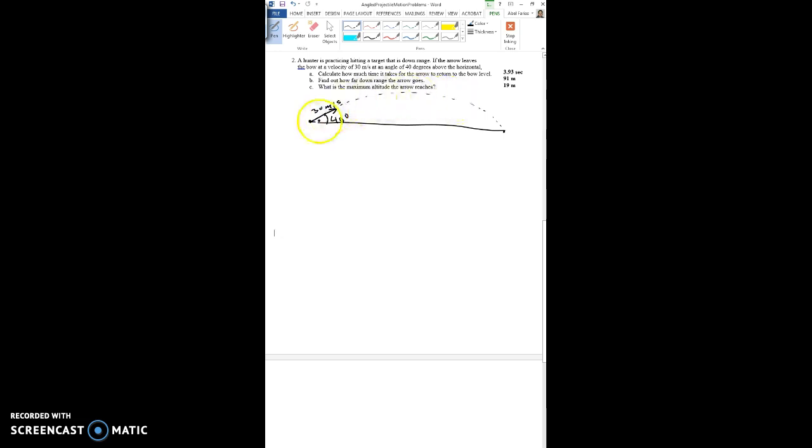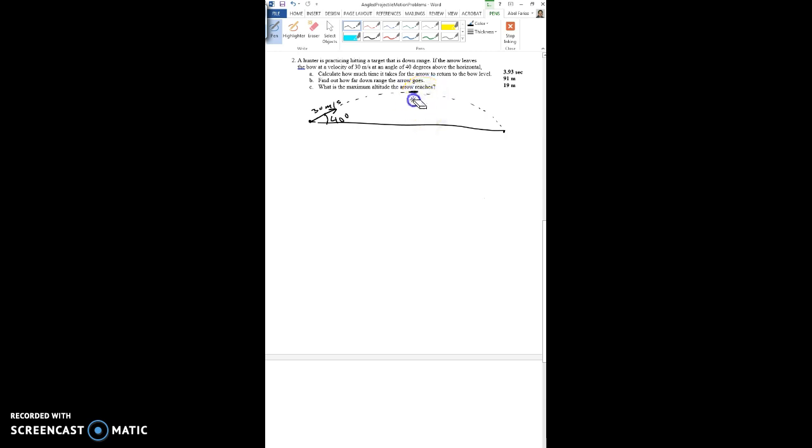When we're doing a problem like this, we know a couple of things. They tell us the initial velocity and the direction in which it's shot. The other thing we know from projectiles is that at the very top of its path, the velocity in the y direction is equal to 0.